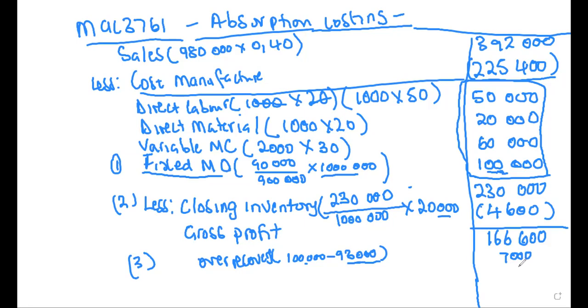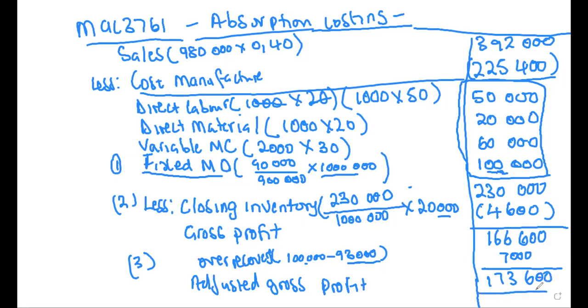Right, so now we have our over recovery, so we are going to add it. How much are we going to have as our adjusted gross profit? 173,600. So this is our adjusted gross profit.